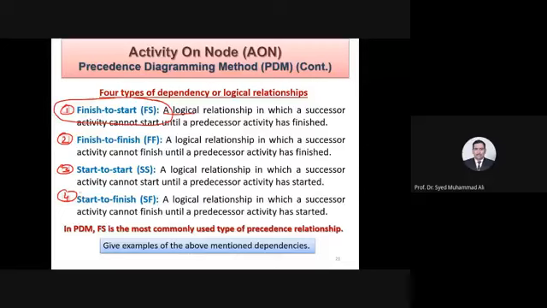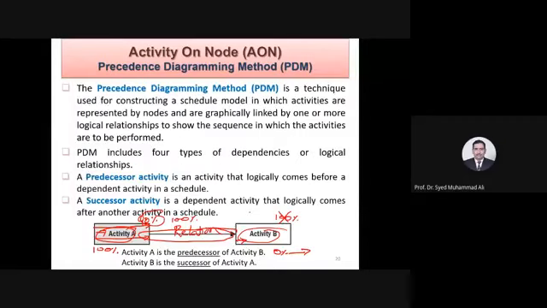Start to finish. A logical relationship in which a successor activity B cannot finish until the predecessor activity has started. B will get completed 100% only subject to the condition that A has started.